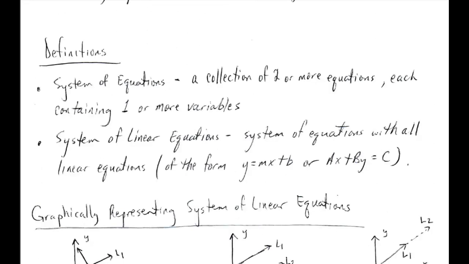So we see that when we talk about a system of equations, it's basically a collection of two or more equations where each equation contains one or more variables. Okay, and so when we get into talking about systems of linear equations, the difference is that all the equations that we're considering in the system are equations of lines, basically.